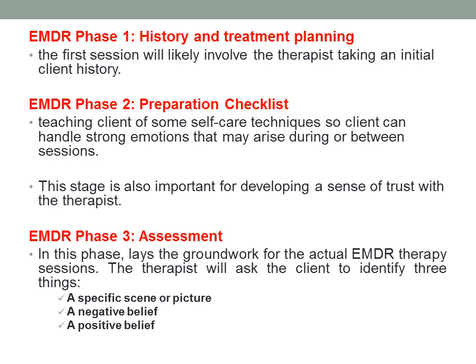Phase 1 is history and treatment planning. The first session will likely involve the therapist talking and taking the initial client history. The therapist will probably ask the client about the problem, behavior, and fear that have brought the client into therapy.